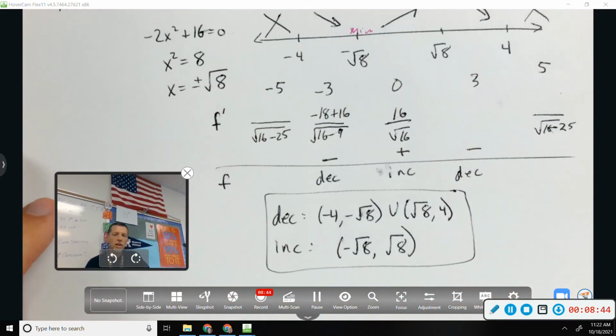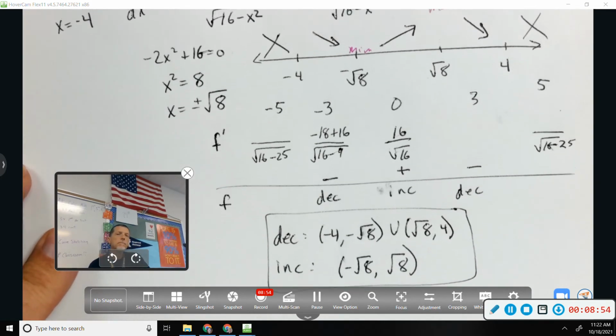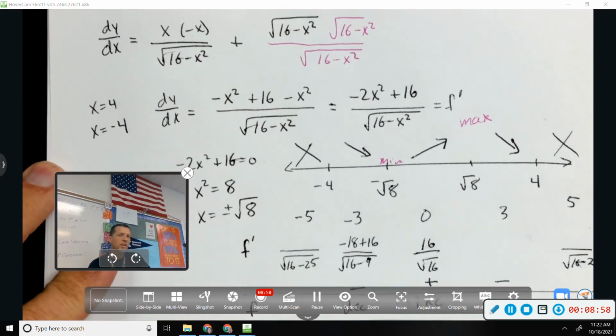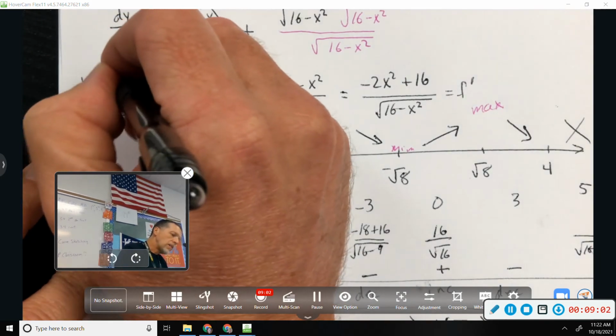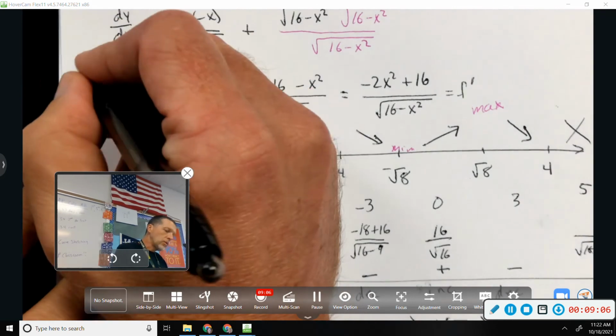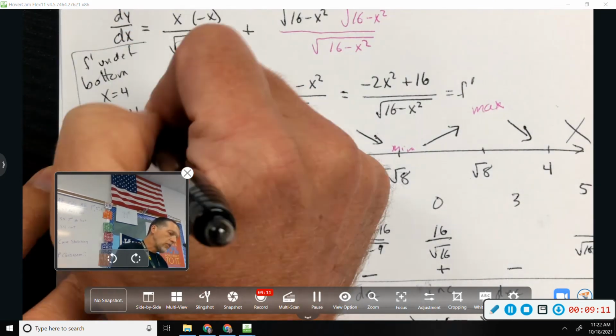So whenever you're finding this, you only use the top. I set the top equal to 0 and the bottom equal to 0. The bottom gave me where f prime is undefined, so that was 4 and negative 4.